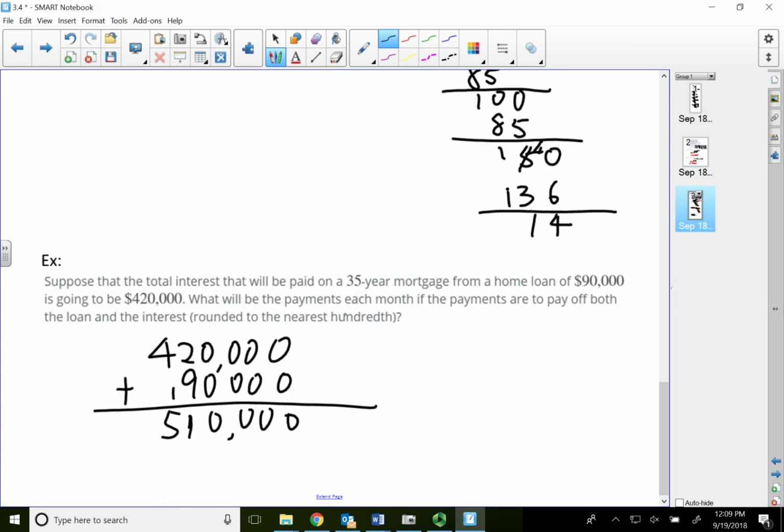Okay, 35-year mortgage. This is payments each month. So 35 years times 12 months in a year. Let's see what that is. That will give me how many months that is.